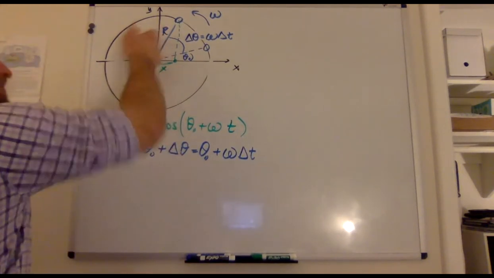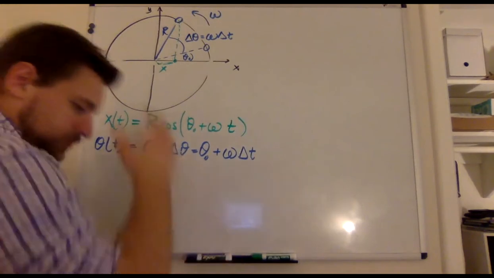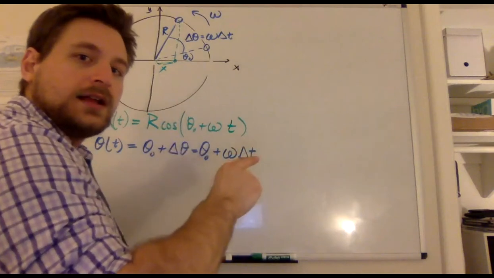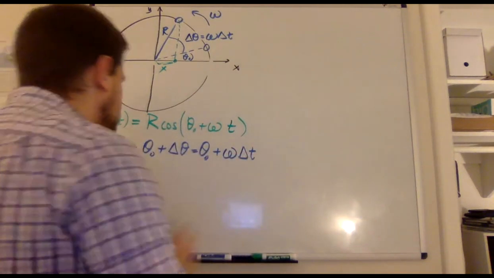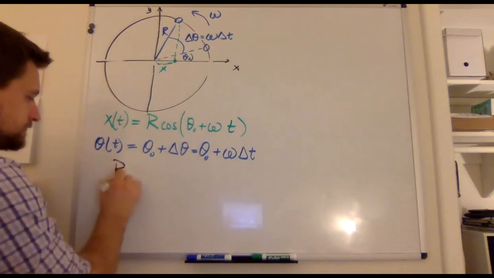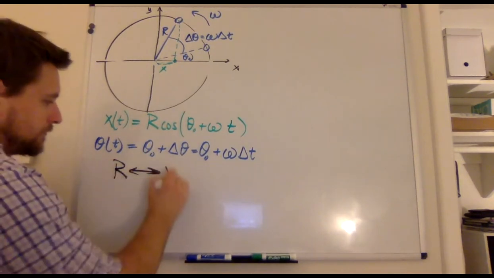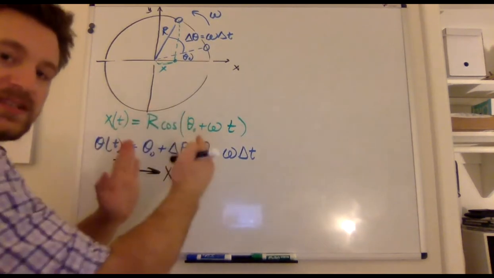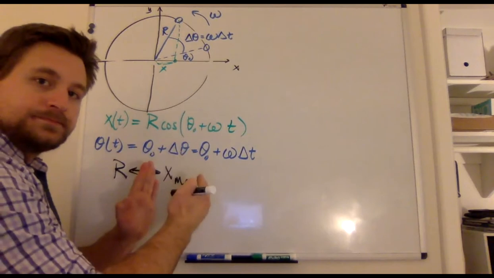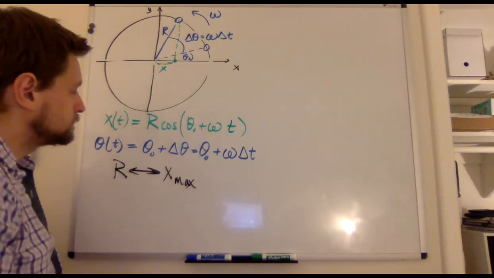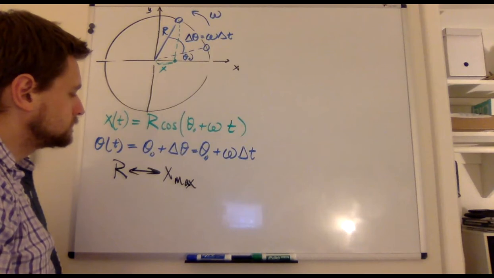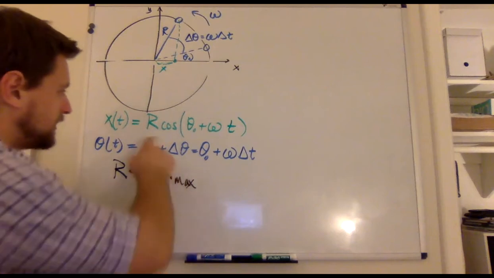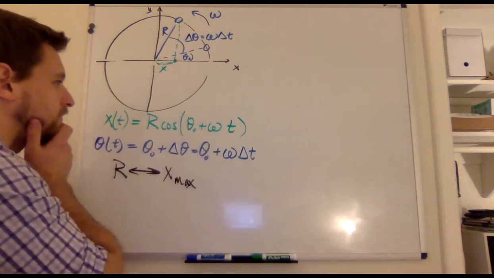So the radius of this circle, that is our Platonic idea for how to represent oscillation. That'll work as long as the radius of that circle is the maximum distance from equilibrium. Maximum distance from equilibrium, and this is a trigonometric function.